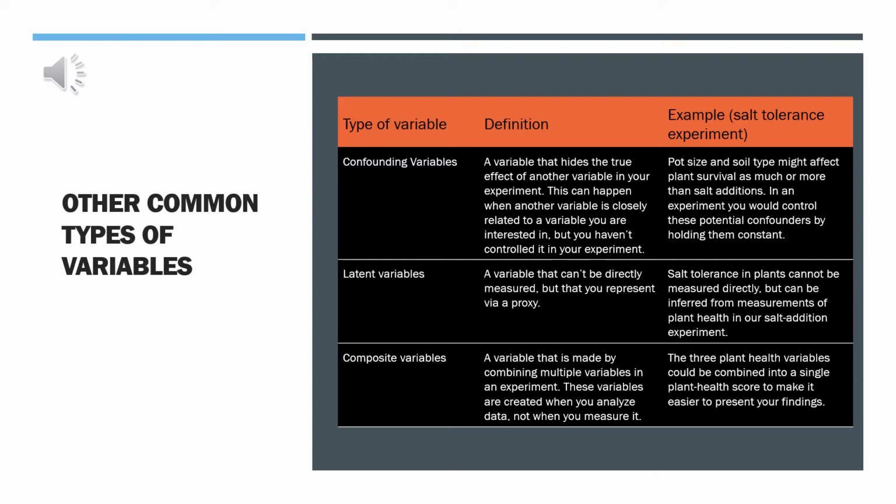And then the composite variable is two or more variables combined to make a more complex variable. Overall health is an example of a composite variable. You use other variables such as weight, blood pressure, and chronic pain to determine the overall health in your experiment.